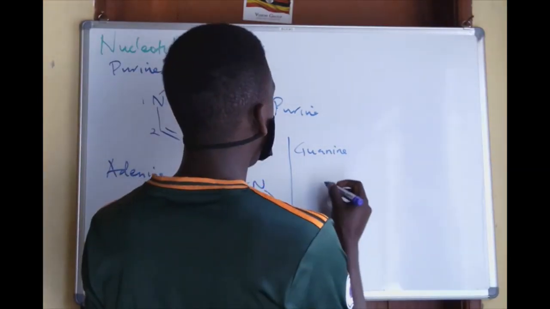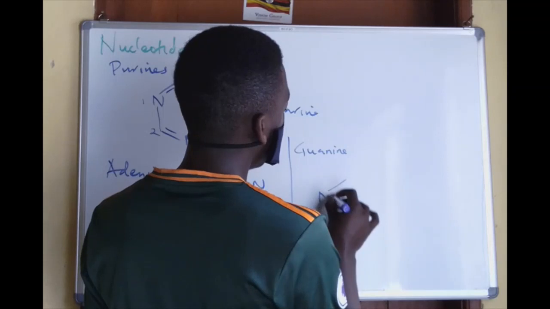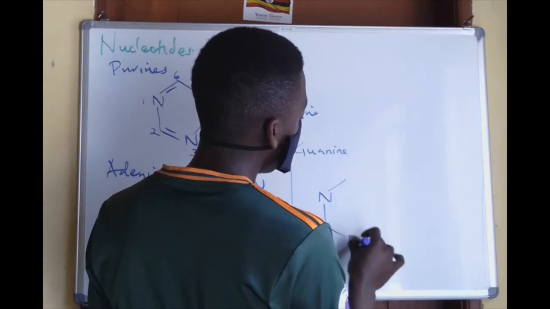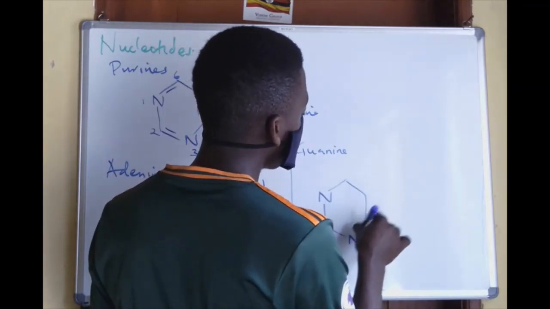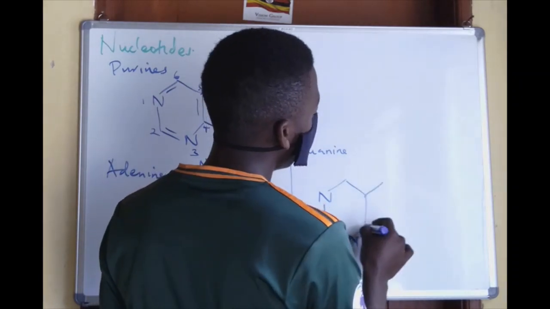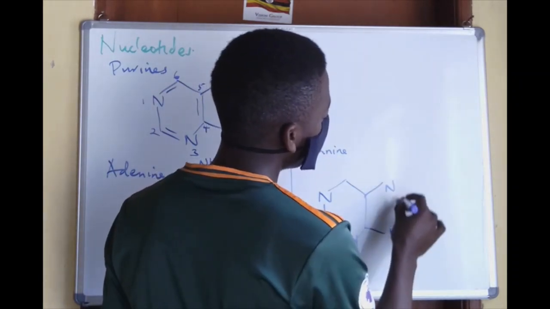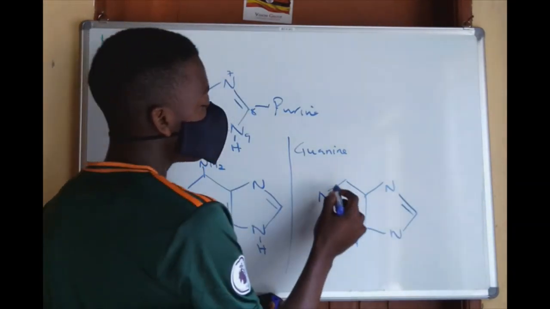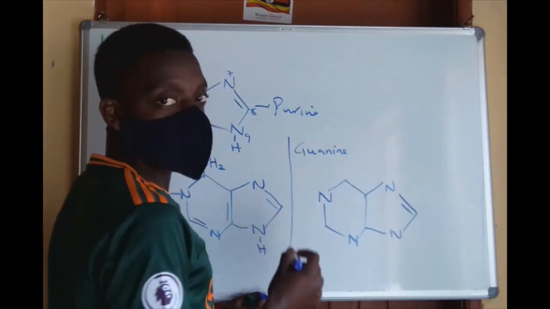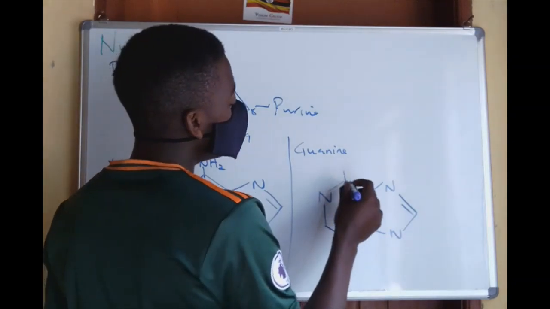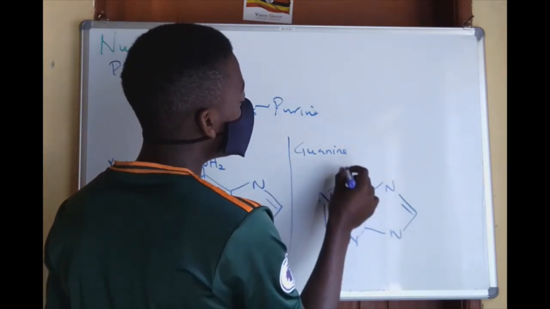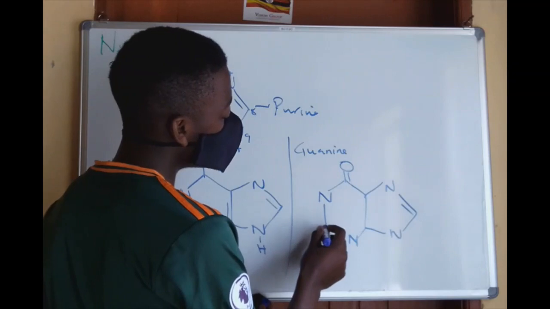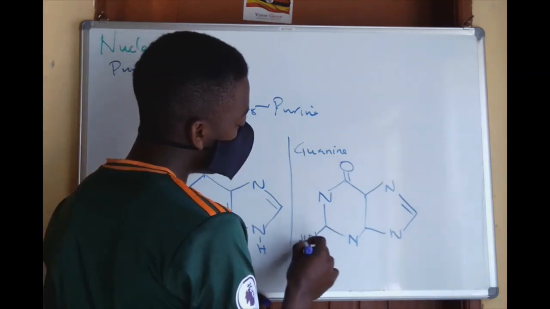So if this is my purine, it also has an imidazole ring, like that. In guanine we shall have an oxygen atom there and an amino group at this point.